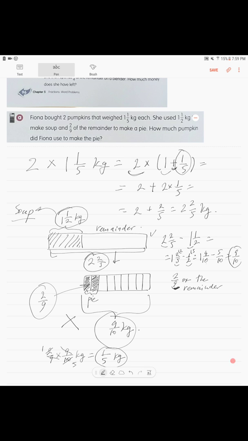That's your answer. How much pumpkin did Fiona use to make the pie? Make sure you write your answer in a sentence, right? Fiona used 1/5 kilogram for the pie.